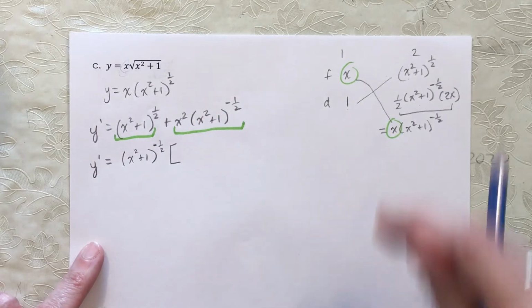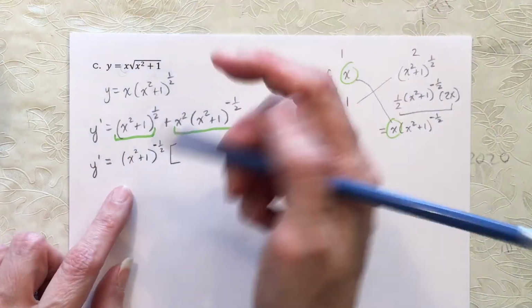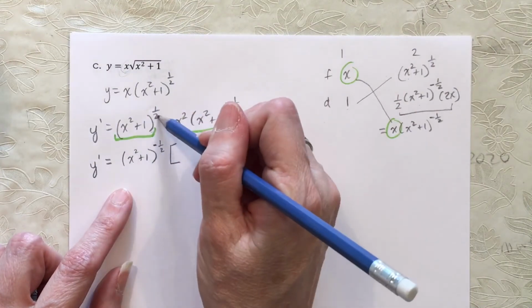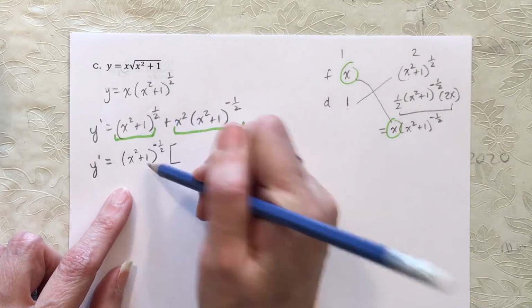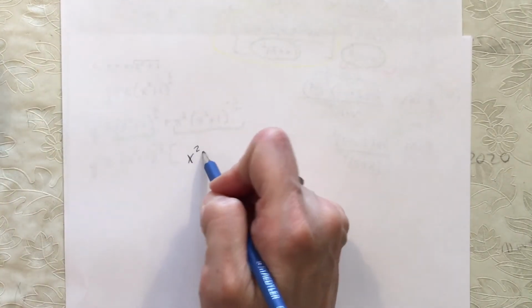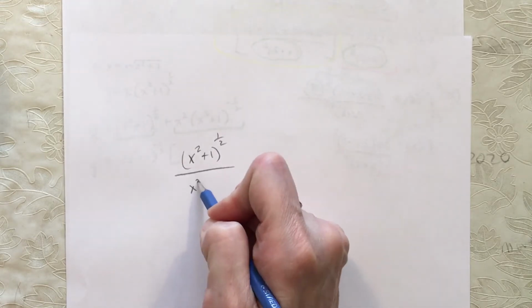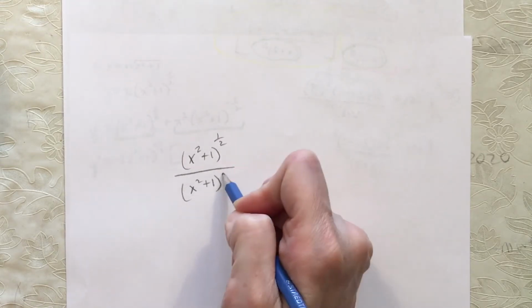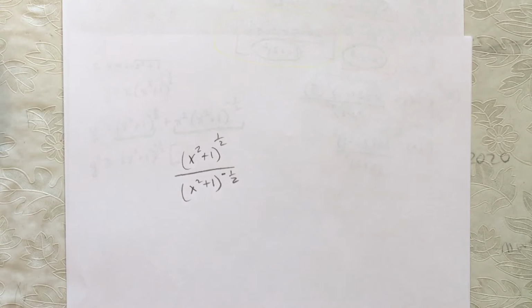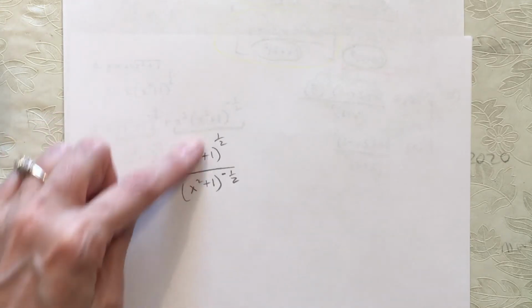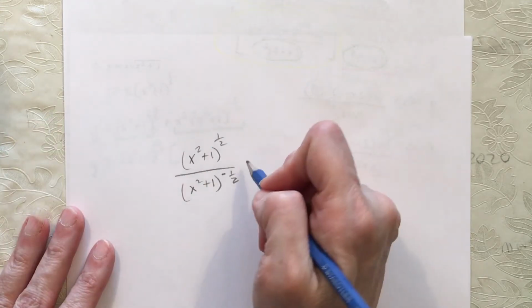All right, so here's where exponent rules come in. I want to divide x squared plus 1 to the positive 1/2 by x squared plus 1 to the negative 1/2. So I'm using the rule where I'm dividing powers with the same base.